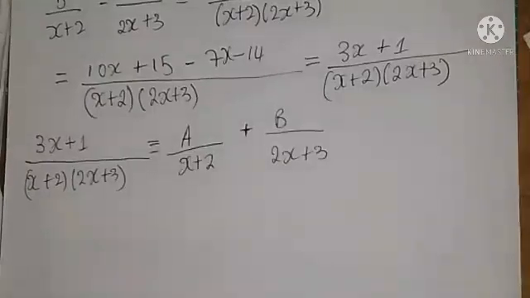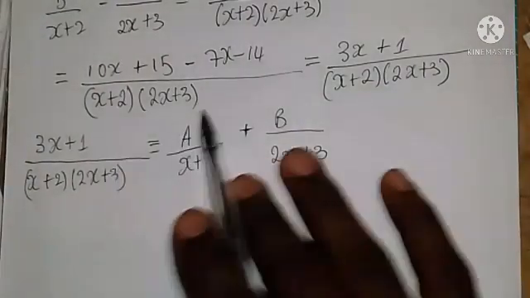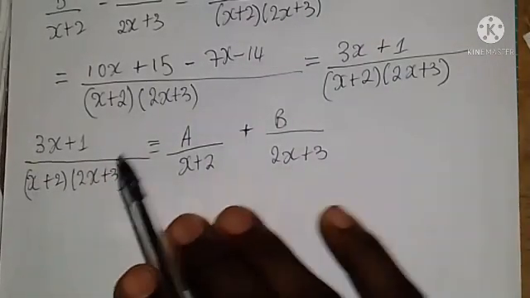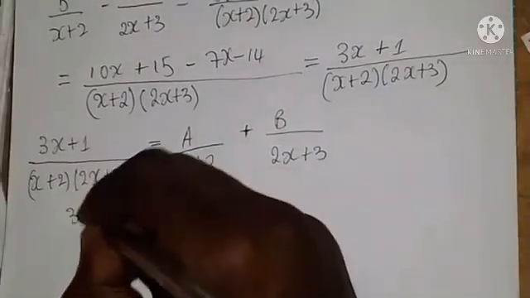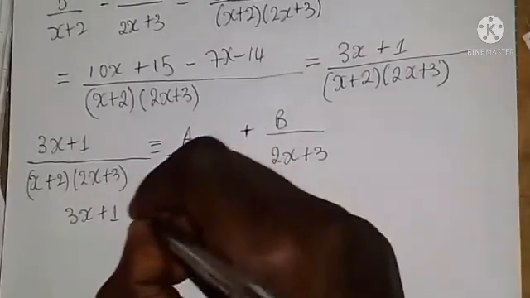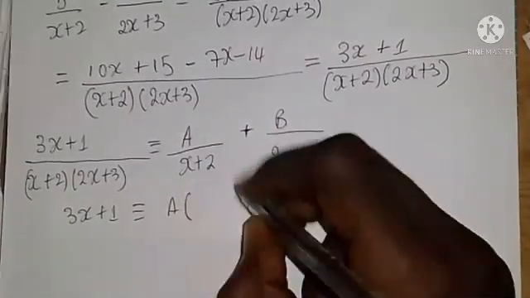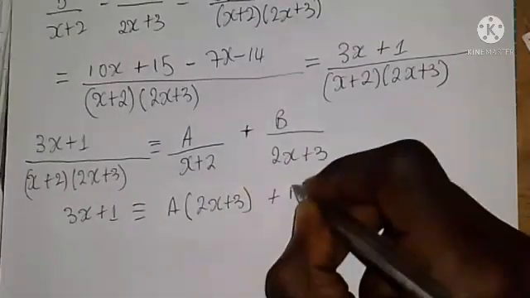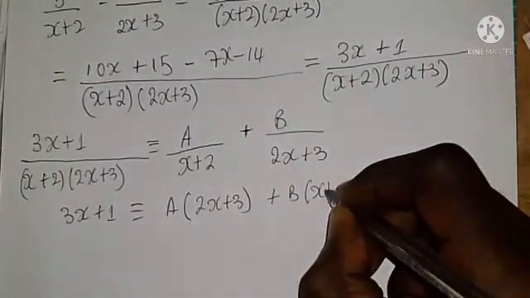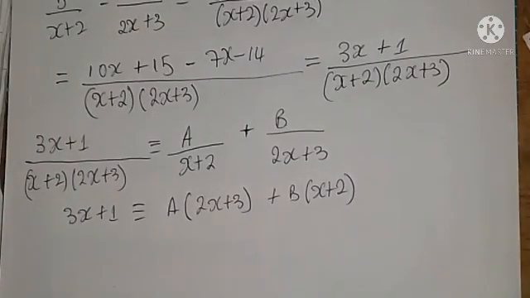Now if we multiply like with normal method of solving partial fraction, we multiply here by these denominators and multiply this side by these denominators, we're going to have 3x plus 1 equal to A(2x plus 3) plus B(x plus 2).